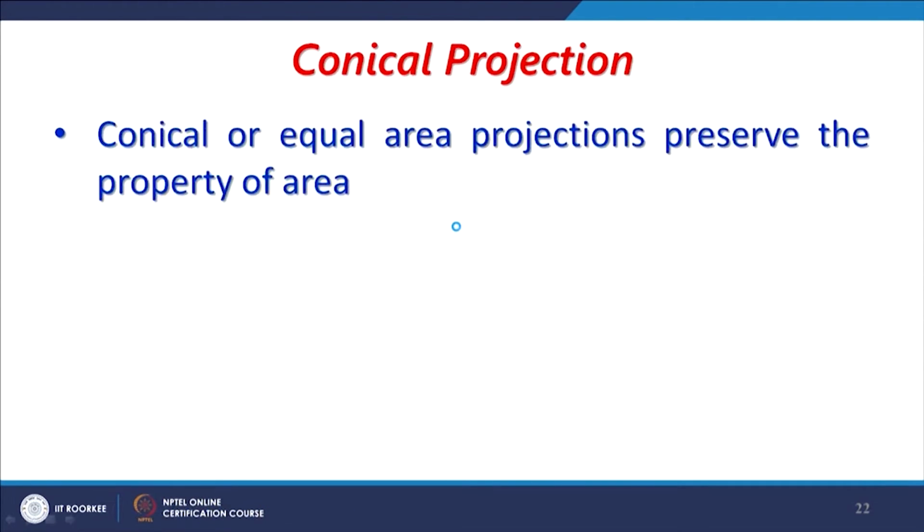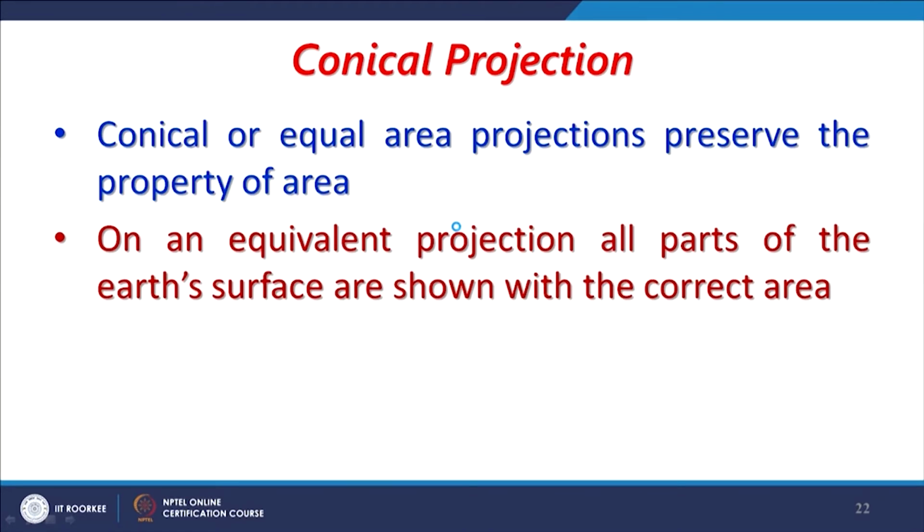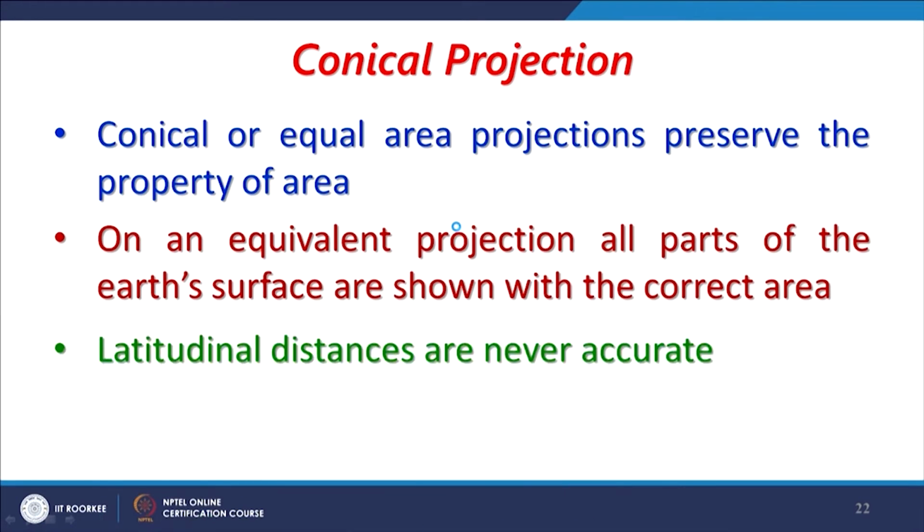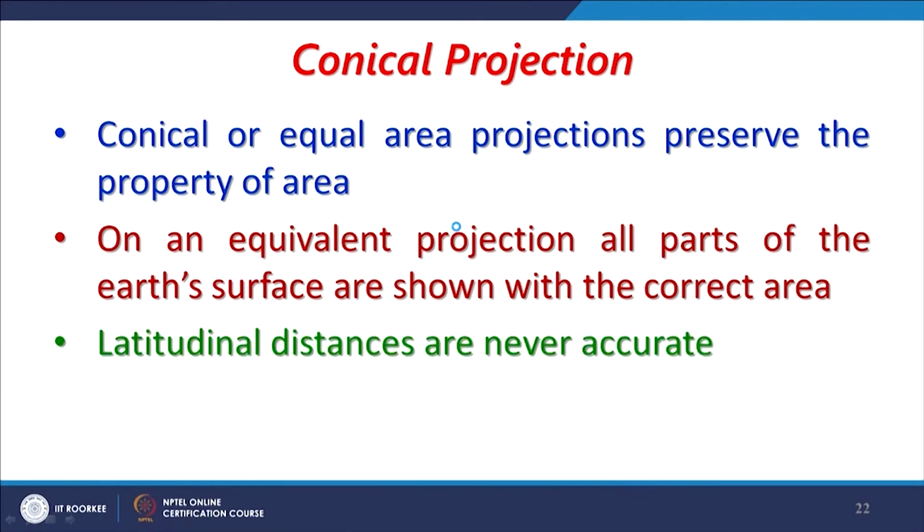So, in conical or equal area projections the property of area is preserved, and on the equivalent projection all parts of the earth's surface are shown with correct area. So, area is preserved here. In the previous example, the direction is preserved, and latitudinal distances are never accurate.